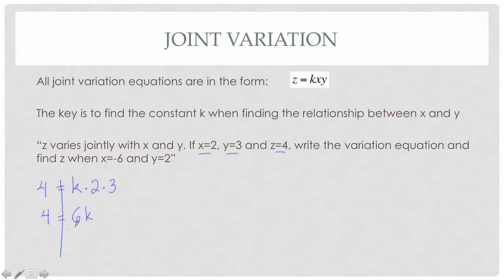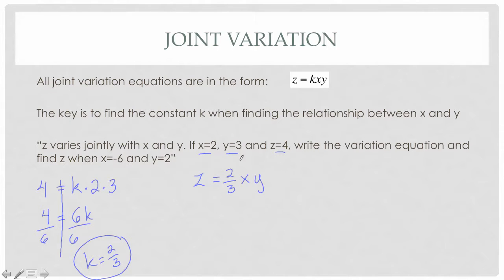If I divide both sides by 6, k equals 4/6, which reduces down to 2/3. Okay, we got our constant now. Now I can write an equation. So z is going to vary by 2/3 times x and y. And again, we can change x and y around to find z and do all sorts of good stuff now that we got the equation.